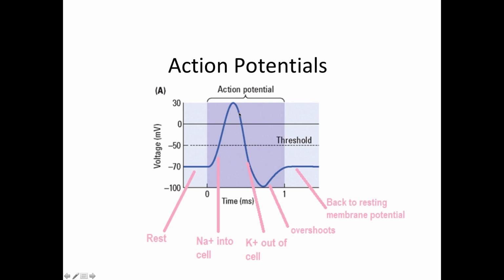Because potassium channels are a little bit slower, it always overshoots a little bit. So it goes a little bit down too much, and then eventually it will go back to resting membrane potential of negative 70 millivolts.